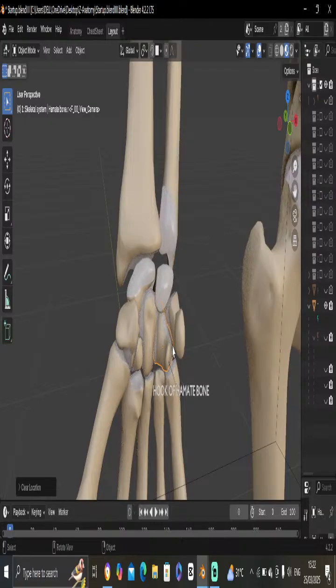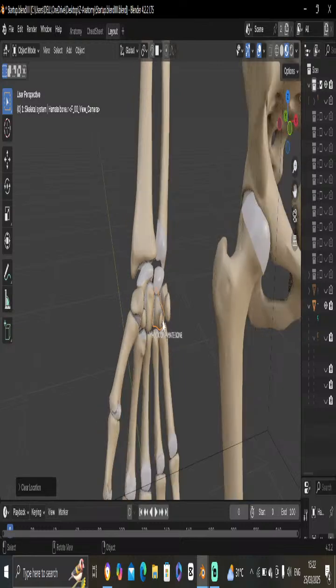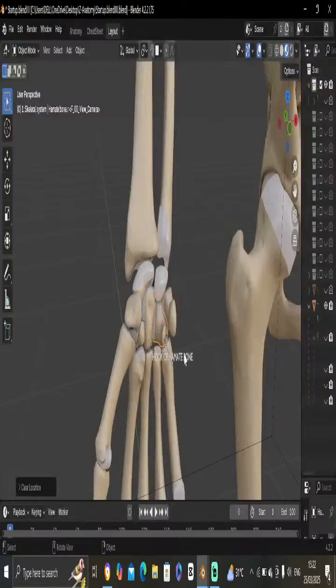The deep branch of the ulnar nerve passes through this canal and it can become entrapped in that canal. Because the nerve supplies the little finger and the inner aspect of the ring finger, if there's an entrapment of the nerve here, there will be a tingling sensation in the little finger, just like I'm highlighting, and the inner aspect of the ring finger. So those are the 8 carpal bones.